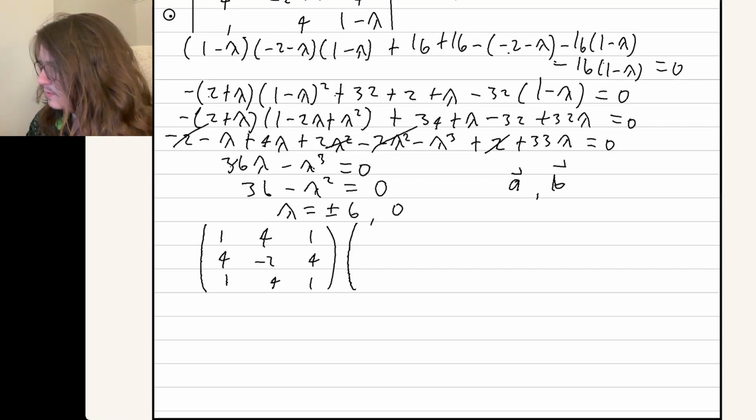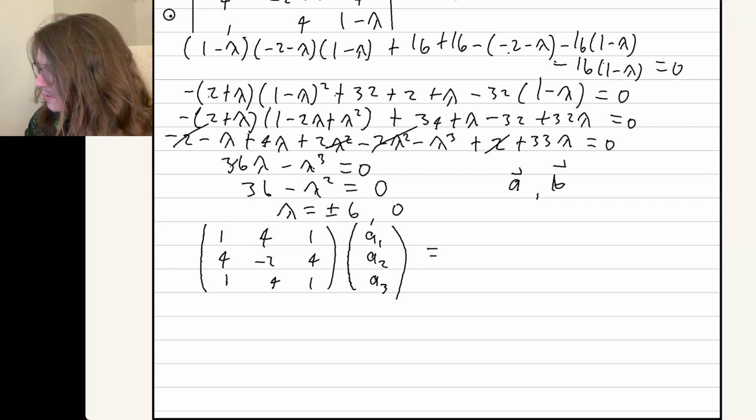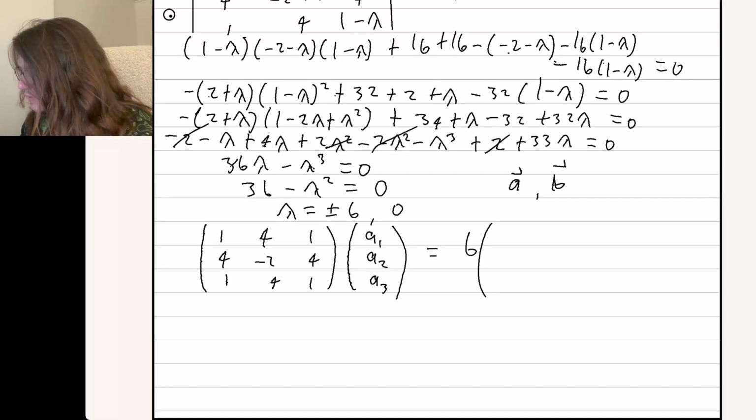So the first eigenvector will then be A1, A2, and A3 for the components. And then on the right-hand side, we'll put the first eigenvalue, which is positive 6 times A1, A2, and A3 here. Okay.